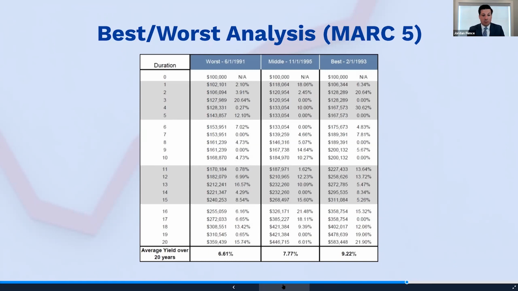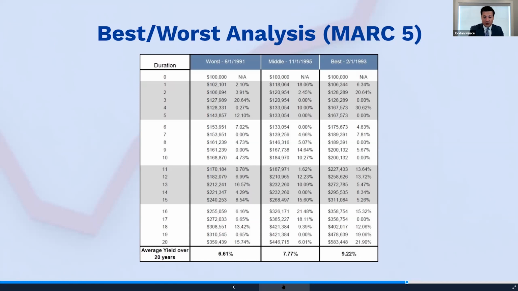So the median, which is if you line up all the results in a row from smallest to largest, the one in the very middle is this one, and the return was 7.77 over that 20-year period. Now, this is obviously back tested performance, so take that for what you will.